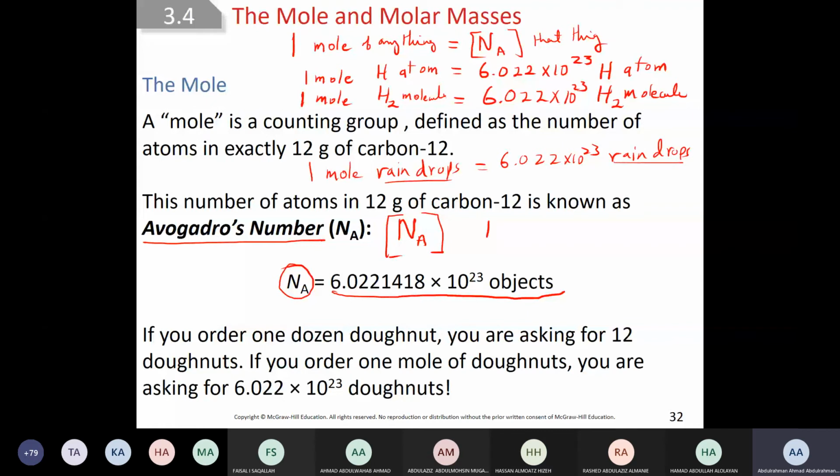1 mole of O2 molecules equal to what? 6 times Avogadro's number, multiplied by 10 to the power 1.